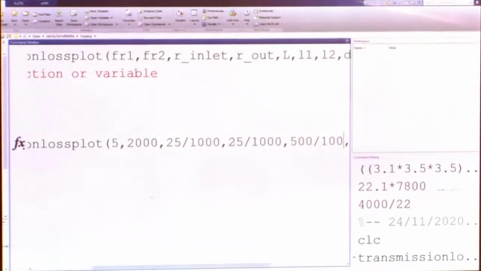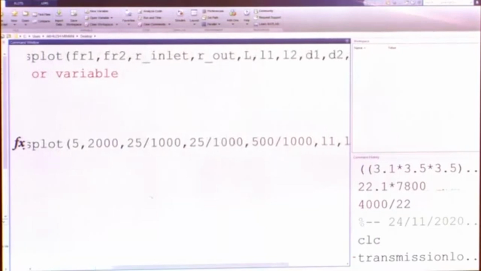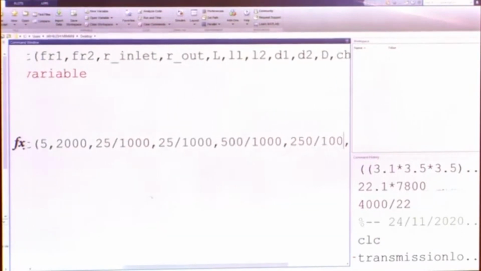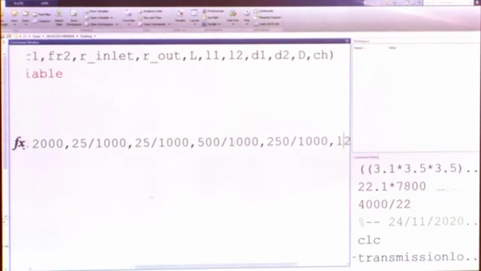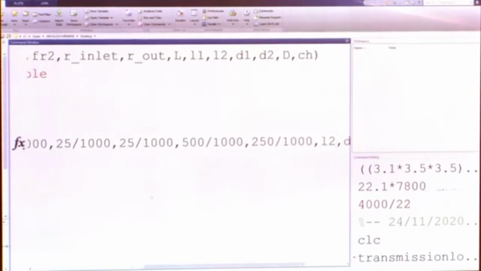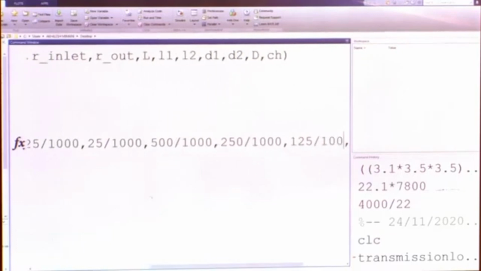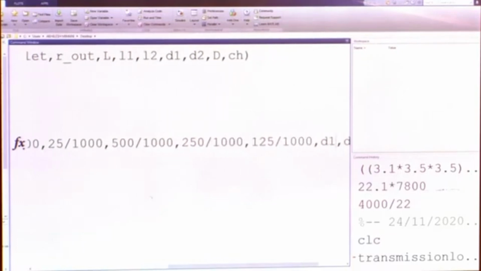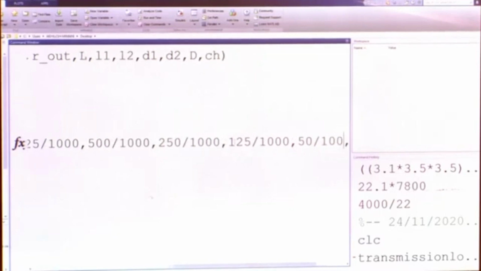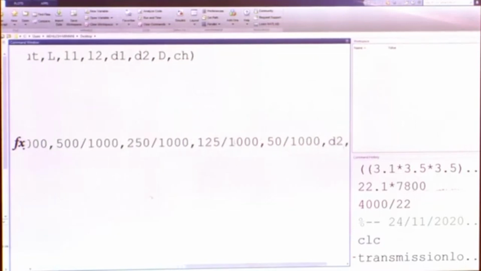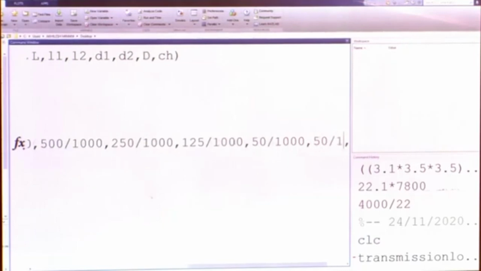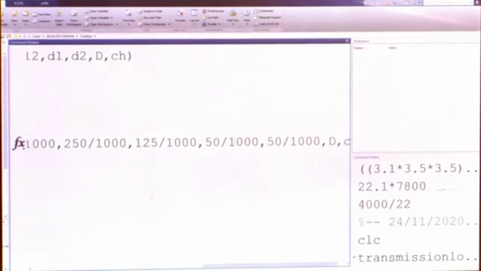Length is 500 mm, and L1 is 250 mm, and this is 125 I guess, and this is also, let us say, 50 mm, because that was 25 and so was this, and diameter of the chamber.